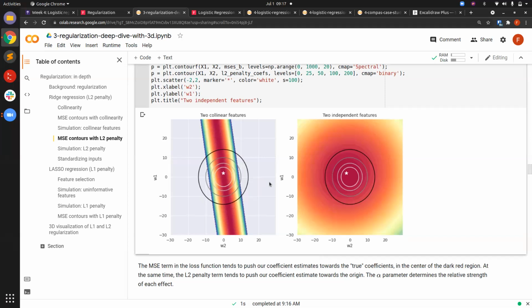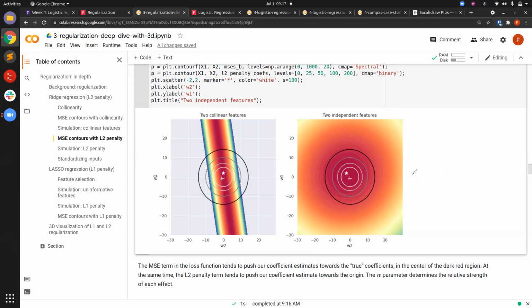And notice what this does here. So for this case with two independent features, the white star marks the optimal point for the mean squared error. And the center of this white circle marks the optimal point according to the penalty term. So let's draw that. Okay, so I'm going to draw a plus here. This is the optimal point according to the penalty term.